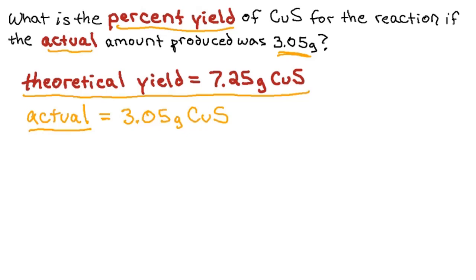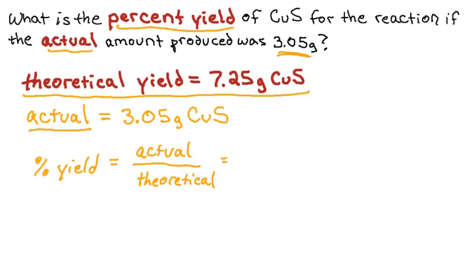So the percent yield is just what you get when you divide the actual, what you actually make, divided by the theoretical, what you should theoretically make, just by doing the math.